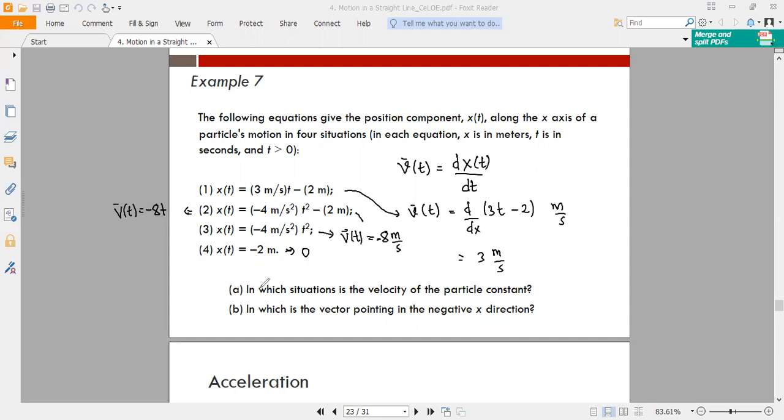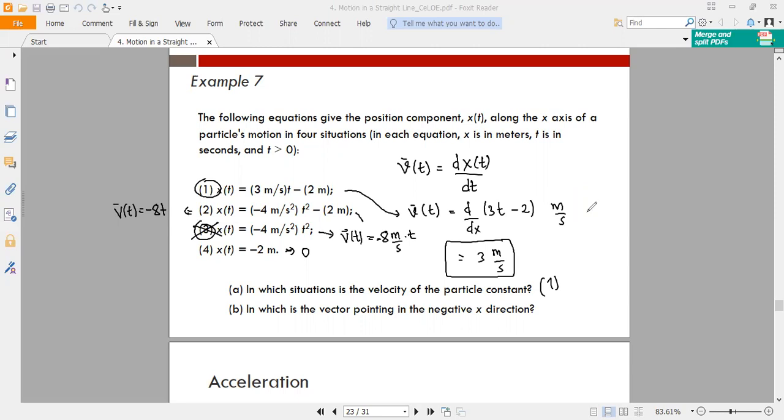So the question is, in which situation is the velocity of the particle constant? It's only the first case, because it doesn't have a variable t, so it's a constant 3 meter per second all the time.